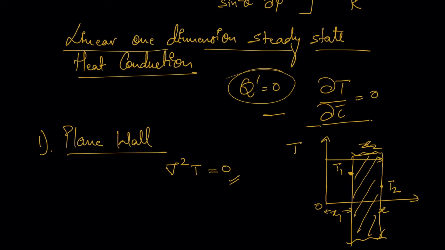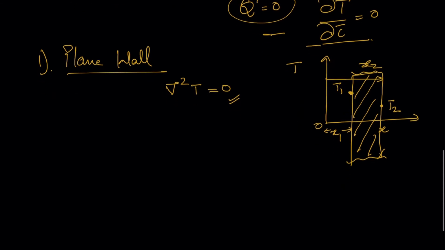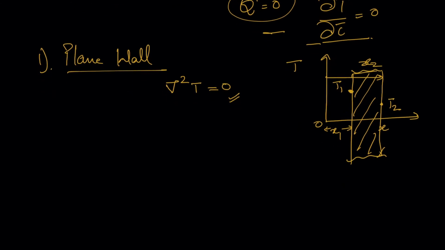So we know that we can derive it with two methods, right? So we are going to take the first method. And what is the first method? It is Fourier's equation, and we are considering only one direction.